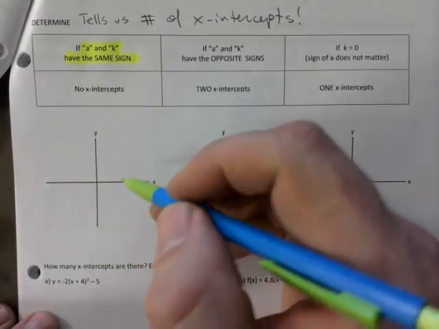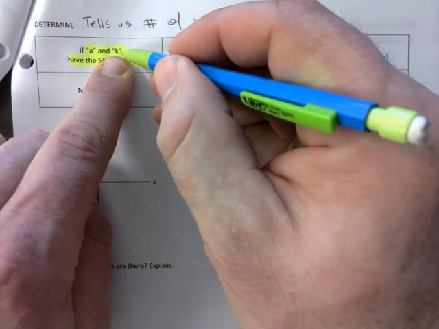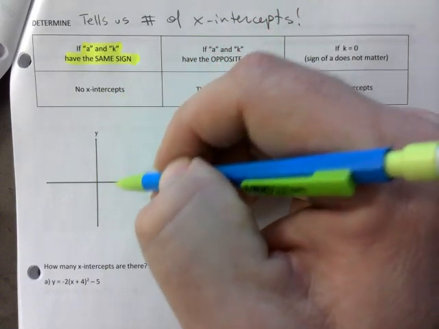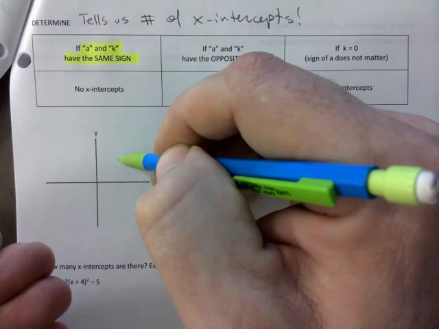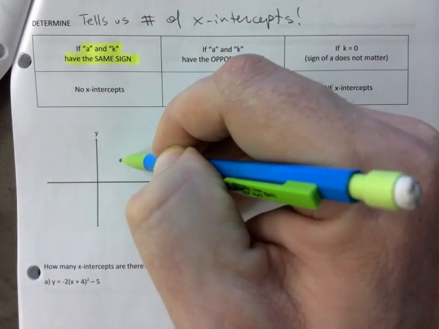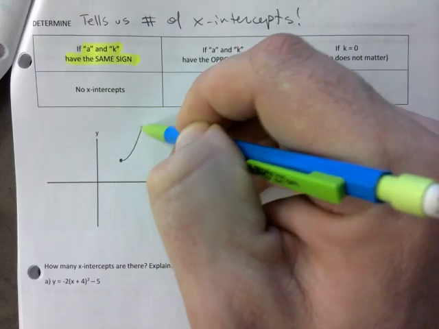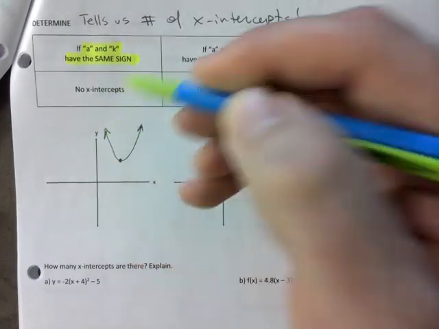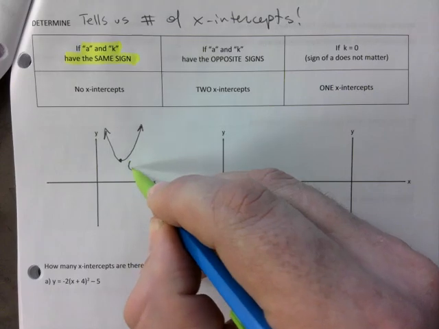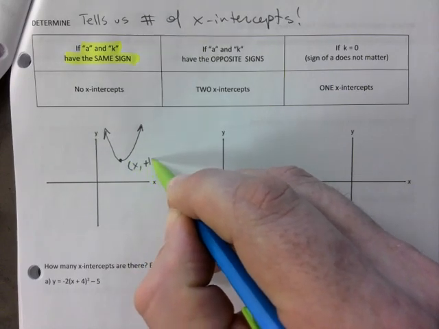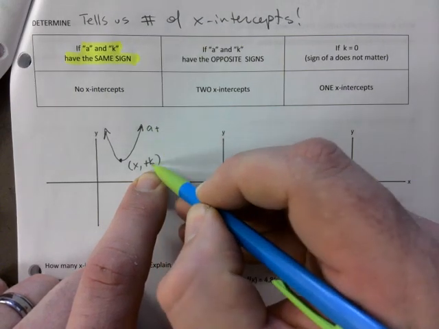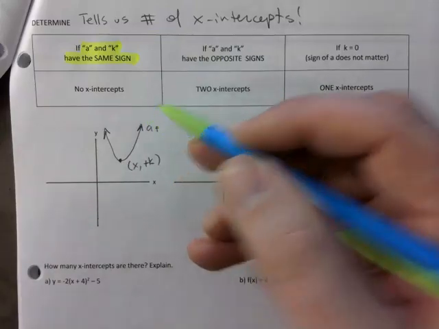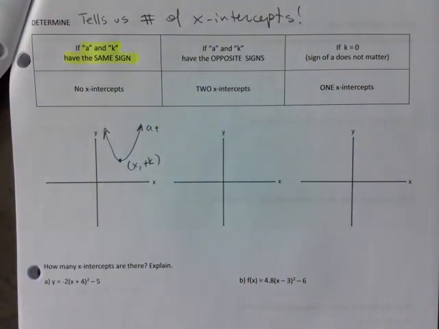Okay. How is that? Well, listen carefully here. If K is positive, it means that the vertex is above the x-axis, right? So it's going to be somewhere here, and it's going to be pointing up. So in this case, K is positive, and A is positive. So they both have the same sign. It's never going to cross the x-axis.